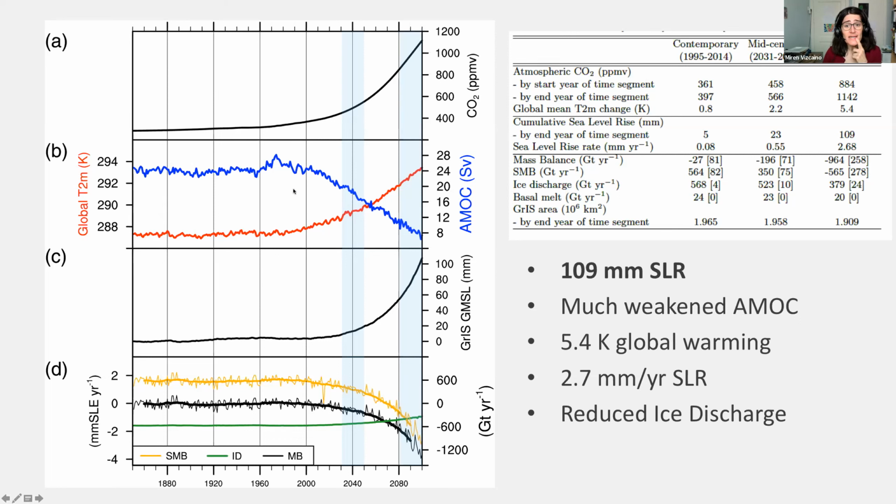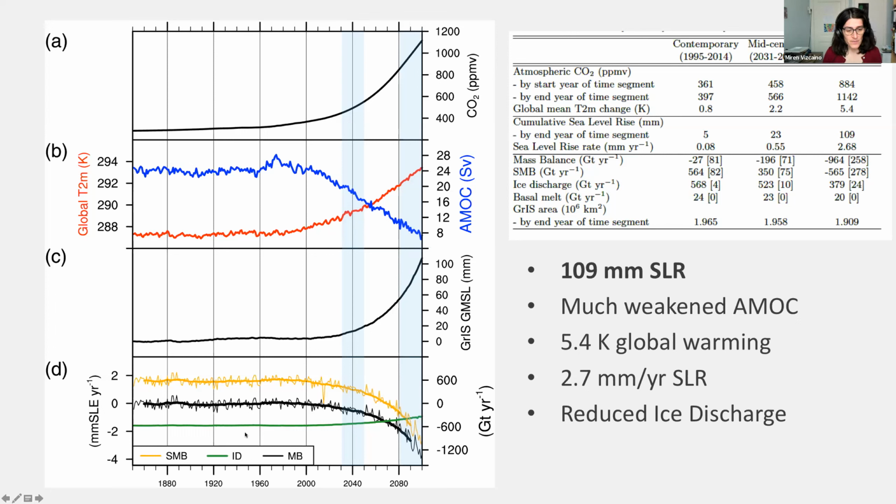Okay, this is the Atlantic meridional overturning circulation, and it is declining very much. These are sverdrups. This is the historical evolution, and it is going down to 8 sverdrups here. And this is global mean temperature. So we have 5 kelvins of warming by the end of the century.